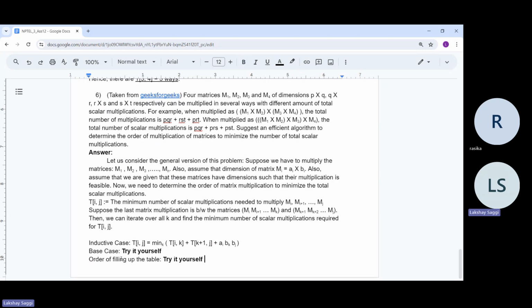Maybe I can just mention that the order in which you will need to fill up this table will be something like a diagonal order.